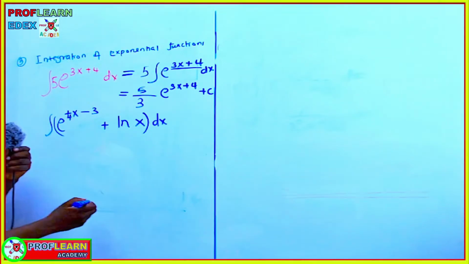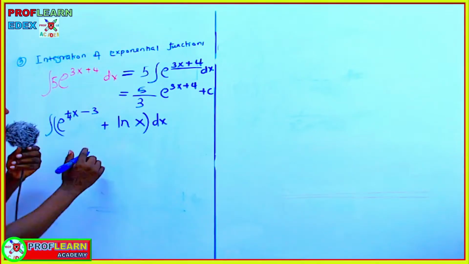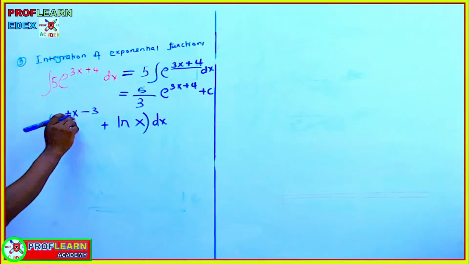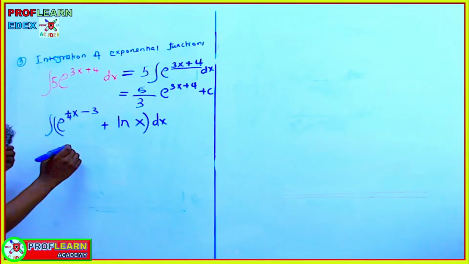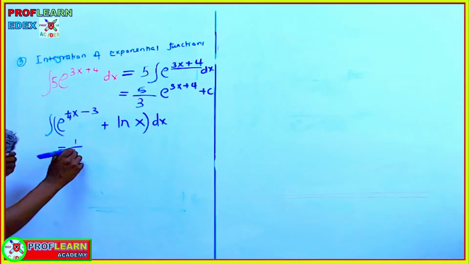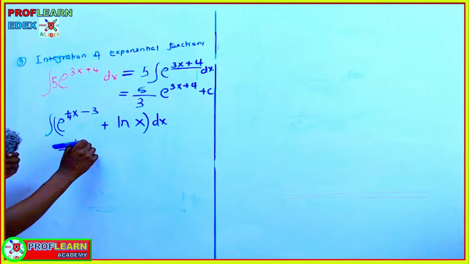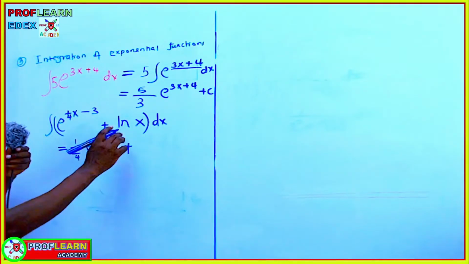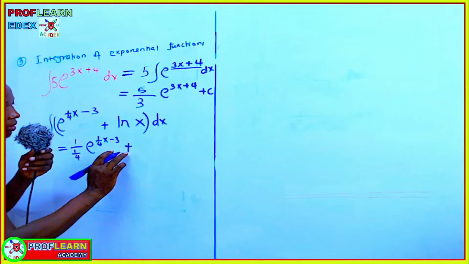What does it mean? You are going to integrate term by term, of course, this part, and this is going to be differentiating the top. You are going to get 1 over 4, so 1 over 1 over 4, e to the 1 over 4x minus 3, then plus. Integrating this, we are going to get the answer what?